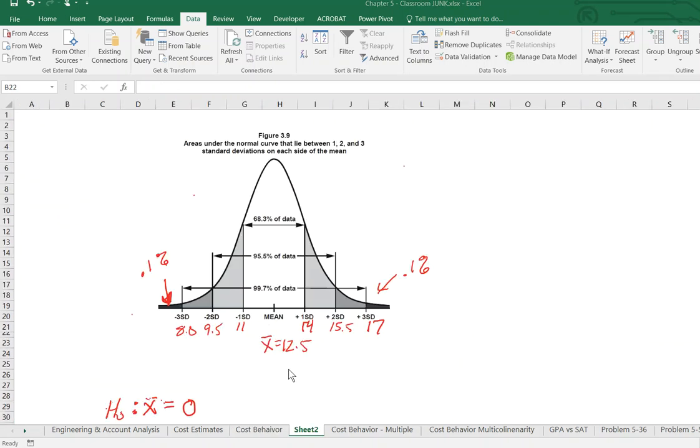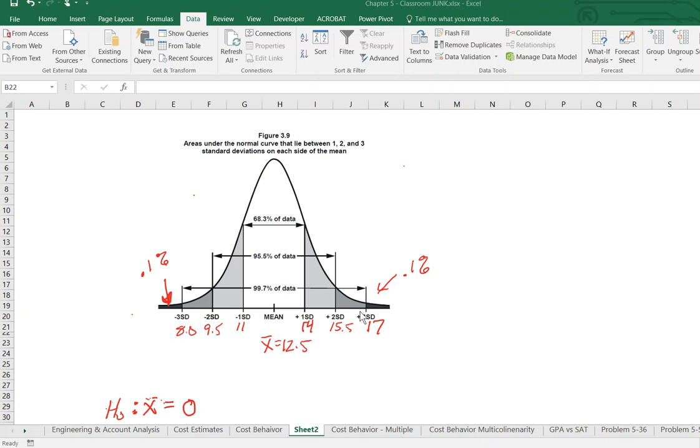If you recall, the area under the normal curve can be defined as follows. If we go out plus or minus one standard deviation, roughly we would expect, by chance, looking at normal data, that 68% of the time the value would fall between plus or minus one standard deviation. 95% of the time we would be between plus and minus two standard deviations.